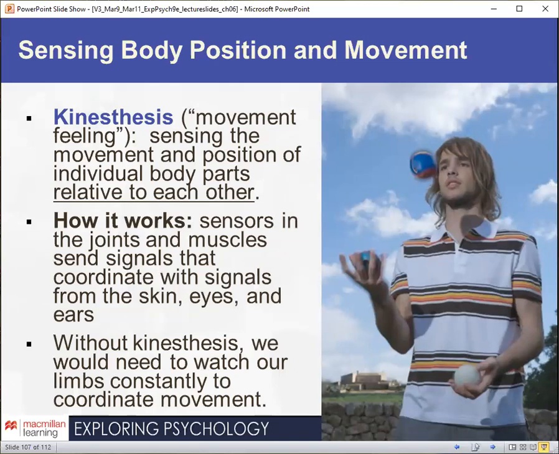So you don't have to watch yourself as you're walking upstairs. You can coordinate all this more smoothly because you know where your feet are, you know where your arms are. If you're doing any athletic activity, running all out, you need to know where your body parts are, what they're doing, how fast they're doing it. That helps with the coordination of the entire system.